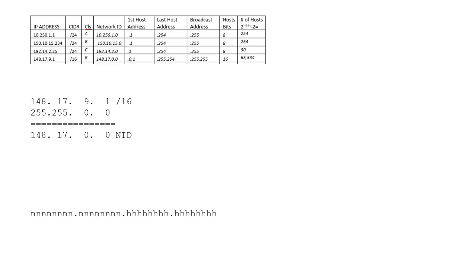Well, again, if you remember the formula, 2 raised to the number of host bits, minus 2 gives us the number of host addresses.